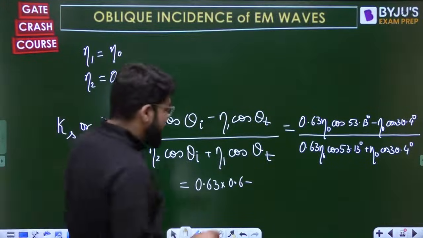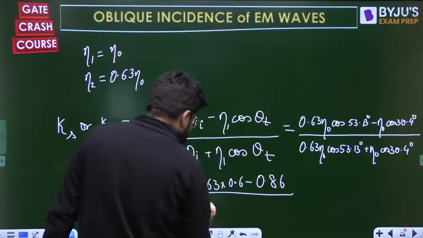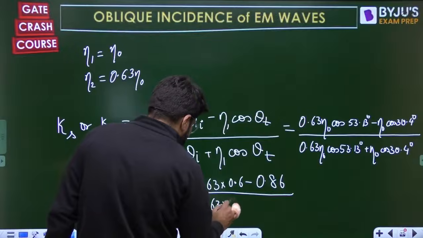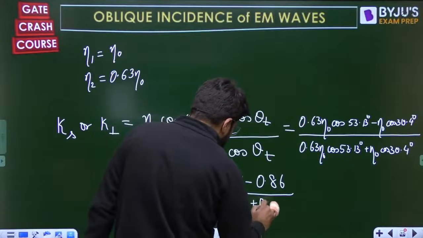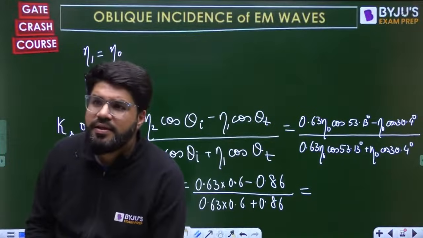This is nearly 0.86, divided by 0.63 into 0.6 plus 0.86. Let us complete this calculation, everybody.